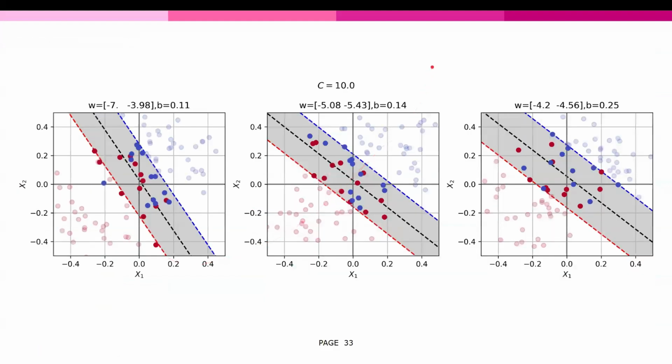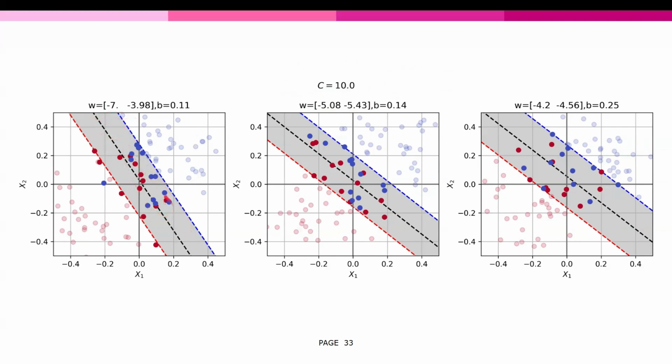And so once you solve that problem, then you can start playing around with C. Just before we close out the talk, I'd like to show you a little bit what that looks like. Let's start off with C at a fairly high value. We can see that there's a fairly narrow margin that ended up getting found.